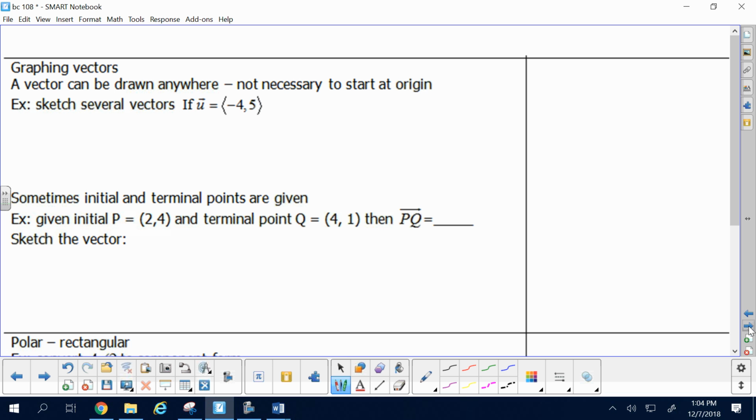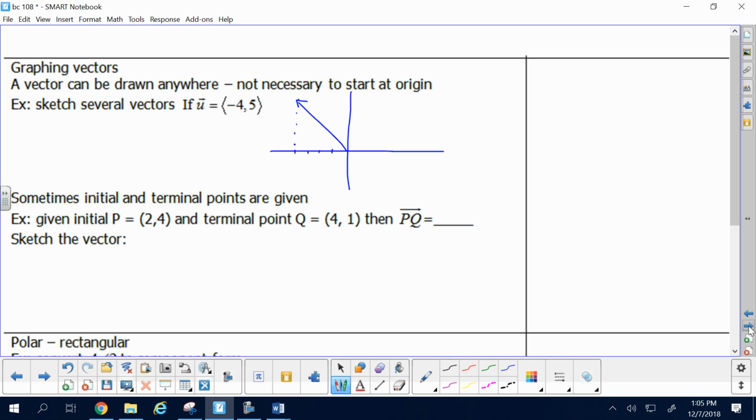All right, graphing vectors in 2-space and 3-space. A vector can be drawn anywhere. So if I ask you to draw vector u, <-4, 5>, left 4, right 5, I could do that. Now that's the one that students are drawn to because it's in our habit to start at the origin. But for vectors, there is no requirement that you start at the origin. All you ask is that from some point in space, you go left 4 and up 5.